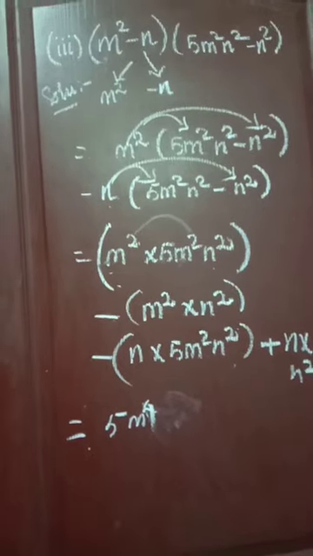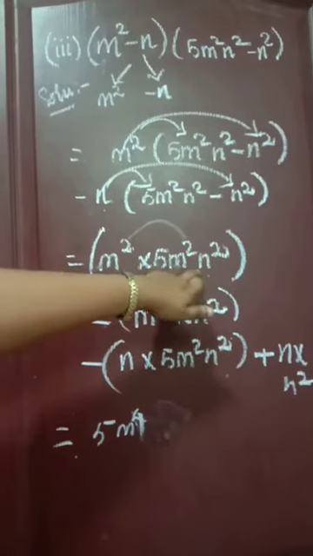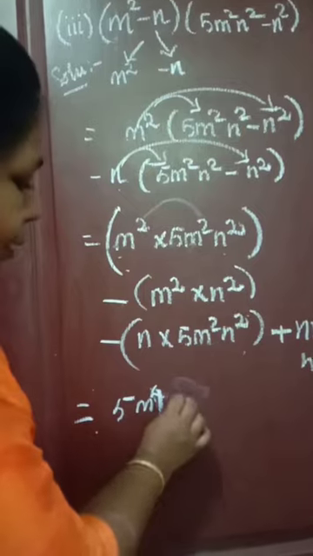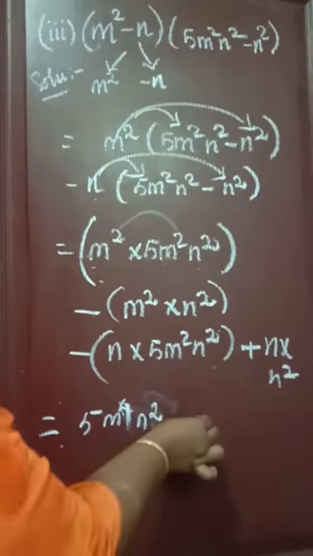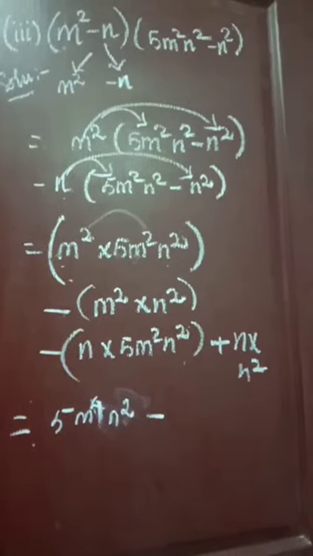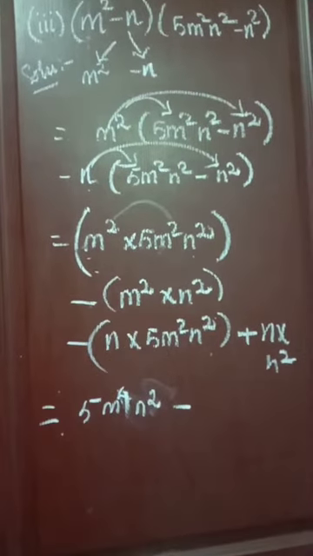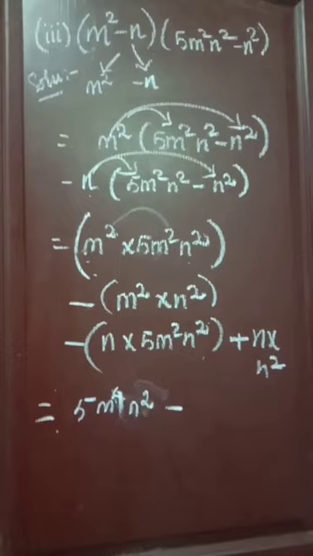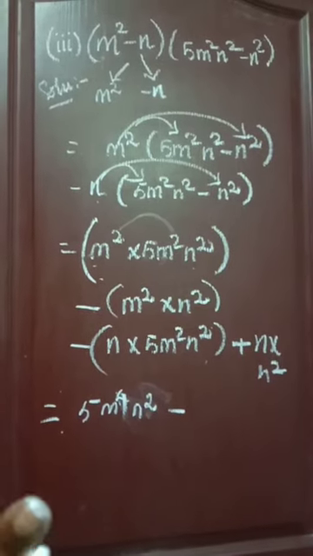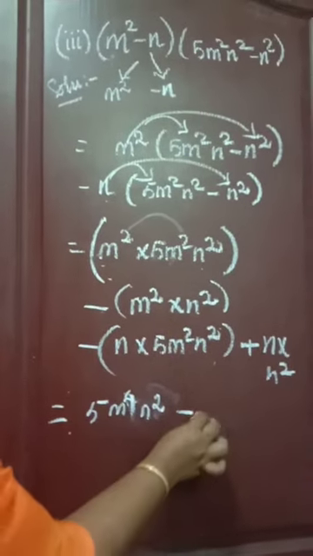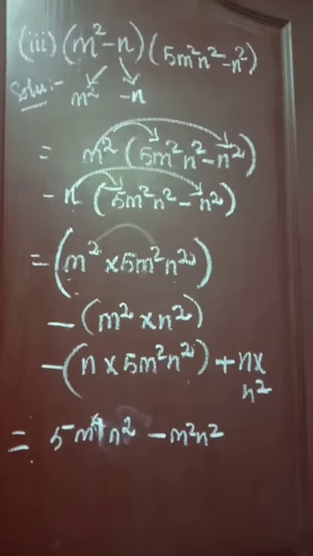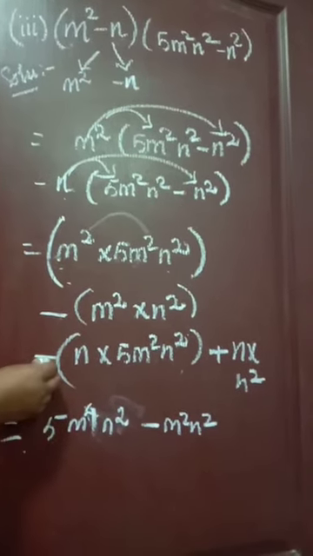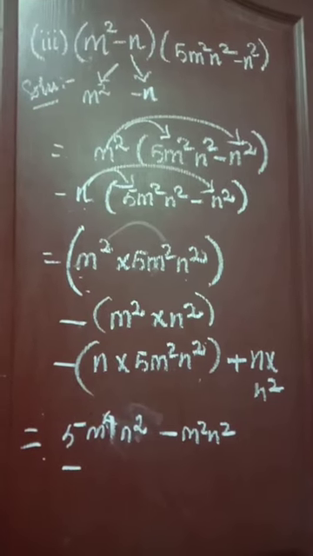What is the next variable? Yes, n squared is the next variable, so here I write n squared. Next one, minus. So here I put minus. m and n are the variables. Same variable means you have to add the power; different variable means you have to write m square n square. Next one, minus is there, so I put minus.